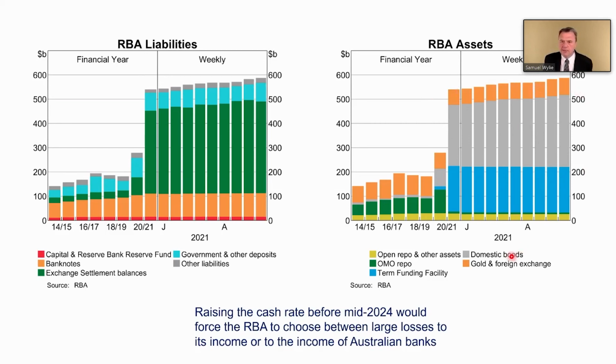You can see down here, domestic bonds. And these are almost all federal government bonds. And they're mostly 3-year bonds. They're actually a variety of bonds, but a lot of them are 3-year bonds. And it's because the RBA has been pegging the yield on 3-year government bonds at 0.1%, as we talked about previously.